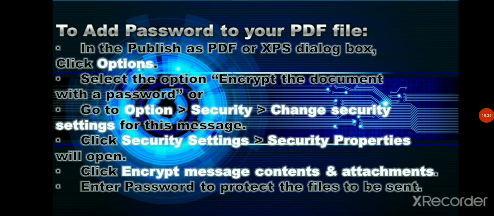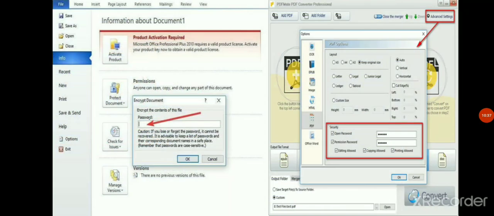To add a password to your PDF file, in the Publish as PDF or XPS dialog box, click Options, and select the option to encrypt the document with a password. Or go to the option Security, change security settings for this message, and click Security Settings. Security Properties will open.